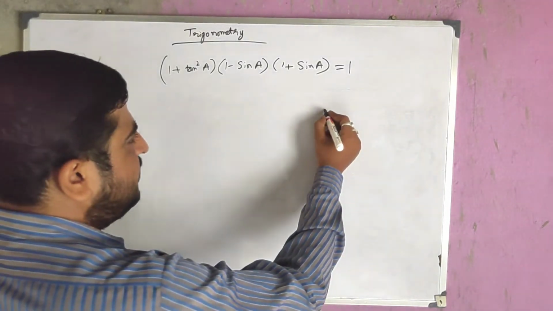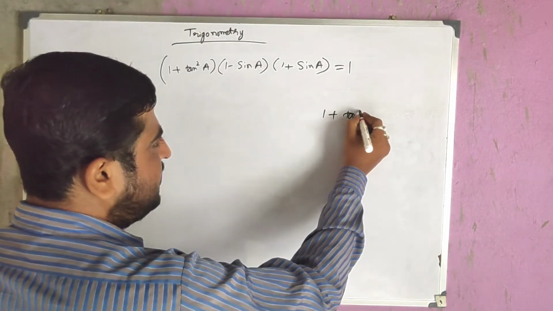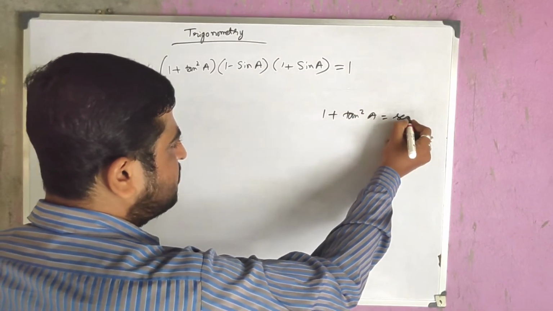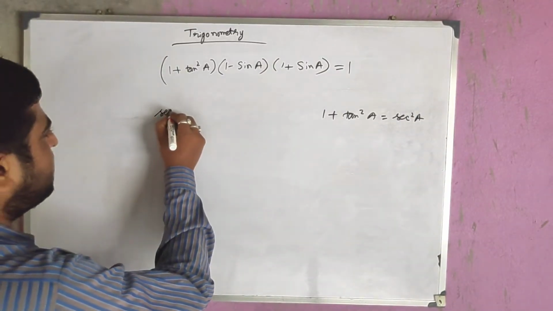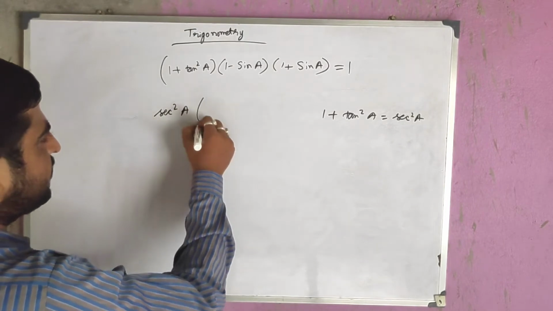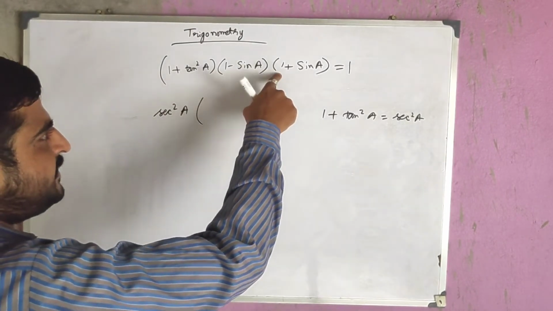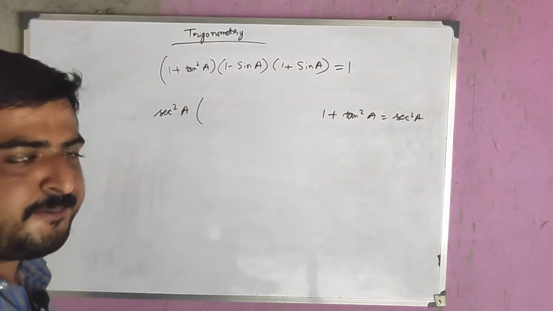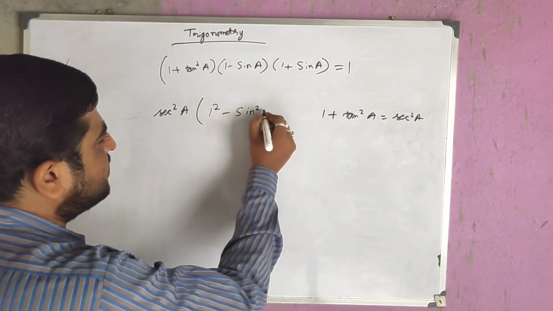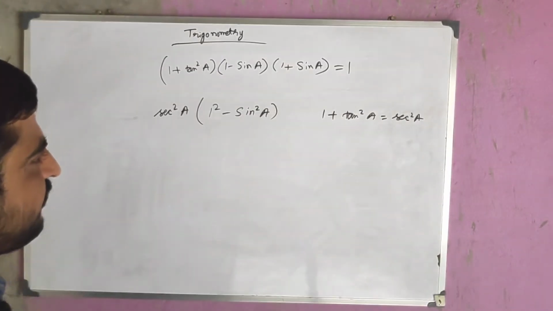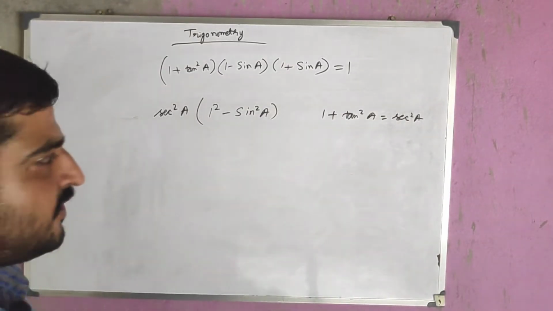Again, last day we learned 1 plus tan square A equals sec square A. So in the place of 1 plus tan square A, we can put sec square A. Now it is a minus b into a plus b, we can write a square minus b square. So 1 square minus sin square A, so 1 minus sin square A.